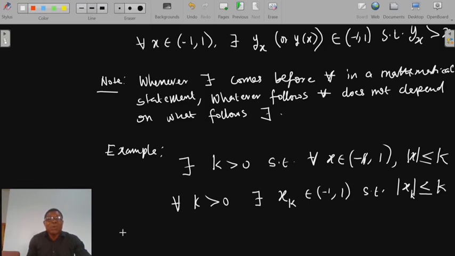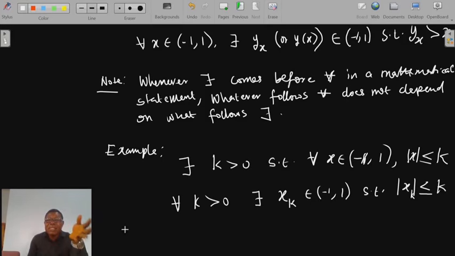So what we've learned so far is that whenever the universal quantifier comes before the existential quantifier in a mathematical statement, what follows the existential quantifier depends on what follows the universal quantifier.